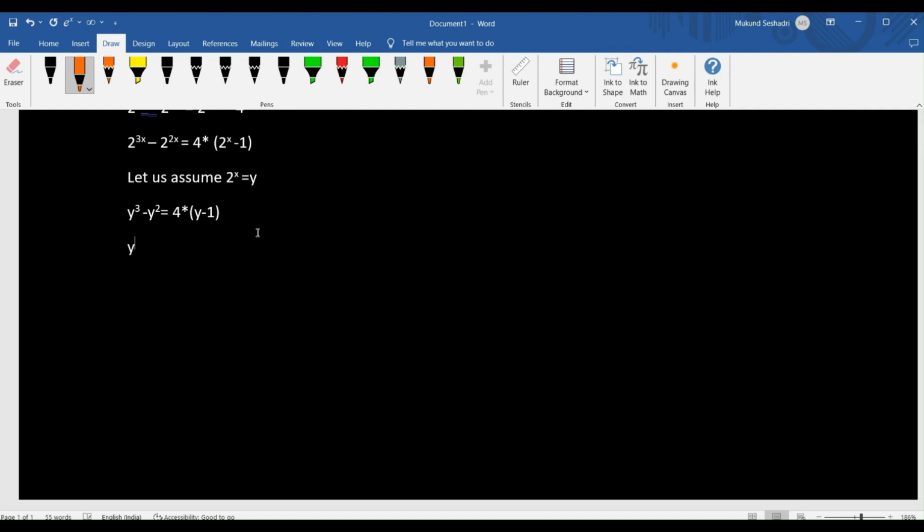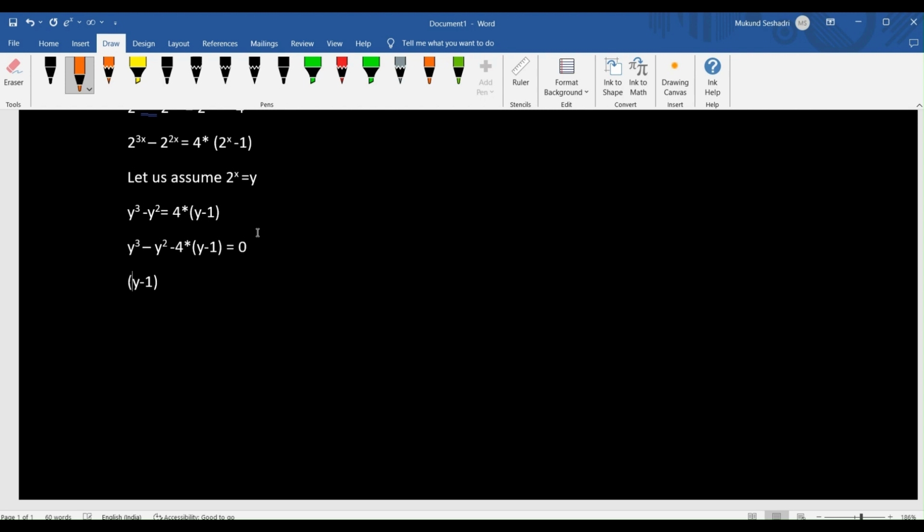I rewrite this equation as y cube minus y square, minus 4 into y minus 1 equals 0. I know that I have a common factor here, which is y minus 1.